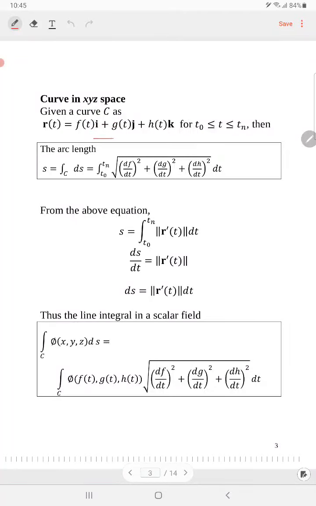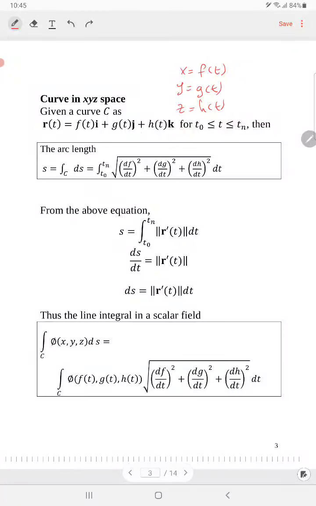So this is a curve given as a vector valued function. If it's given as a parametric equation, then your x is going to be f of t, y would be g of t, which is the parametric equation for y, and z is h of t, which is really the z component of your curve, r(t) there.